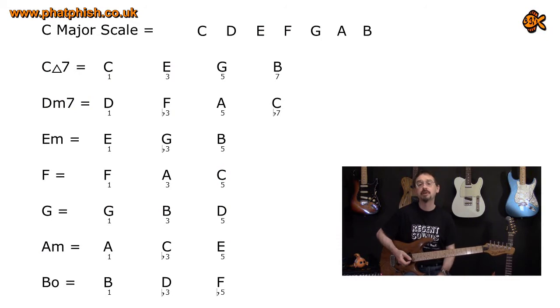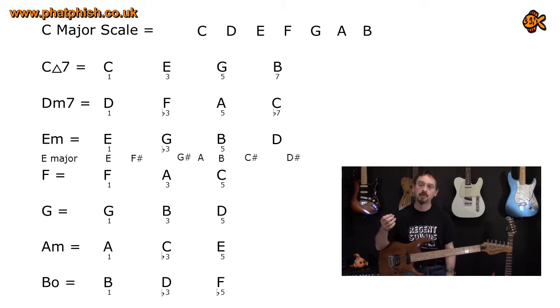On the third degree we've got an E minor triad, E, G and B, 1, flat 3 and 5. Again, just taking alternate notes from the C major scale: E, G, B, and the next note up is D. If we add that into our chord, and think about how the notes of that chord relate back to E major, which has a D sharp in it, that D natural must be a flat 7th degree.